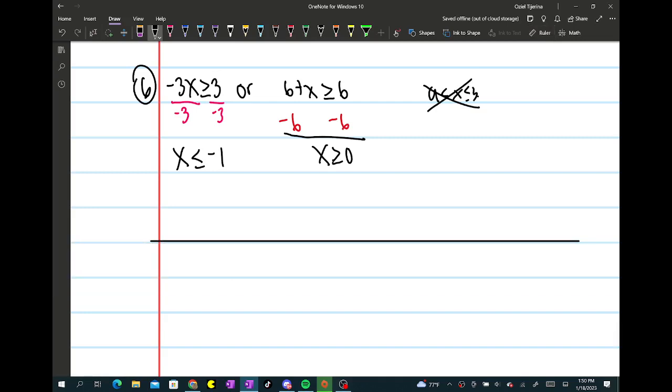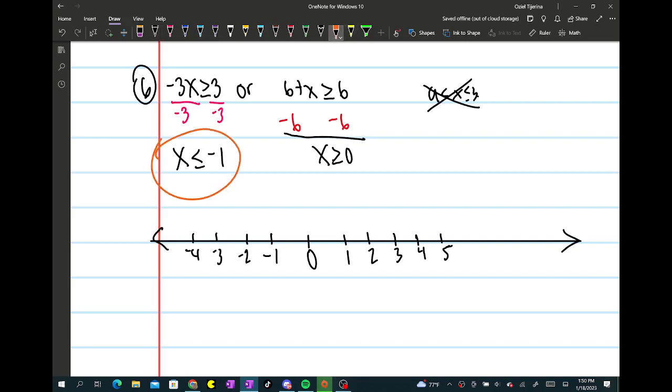Here, we would put 0, and then we have -1 over here, and we can do 1, 2, 3, 4, 5, etc., and -2, -3, -4, etc. So then we have x is less than or equal to -1, so that's one of them.